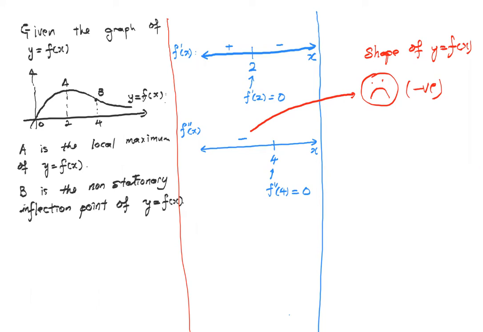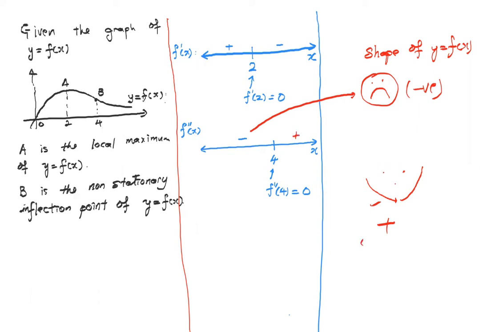You look at this part, the shape is like that. When you smile, you got two parts. When you cry, you also got two parts. So you are talking about this part. So this is called positive, concave upward. So it's positive.